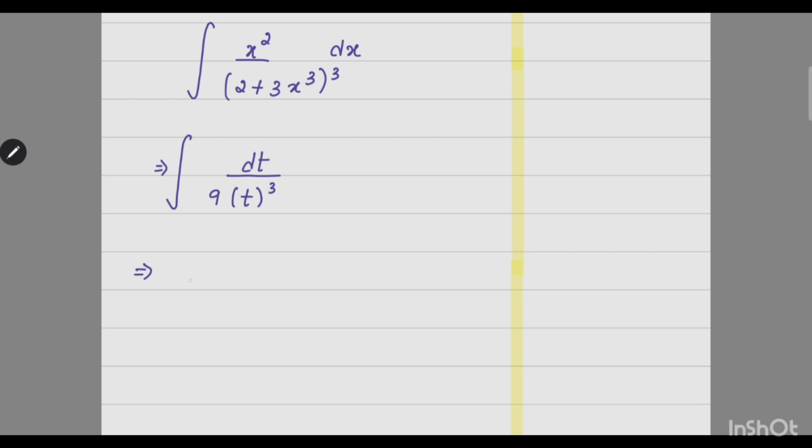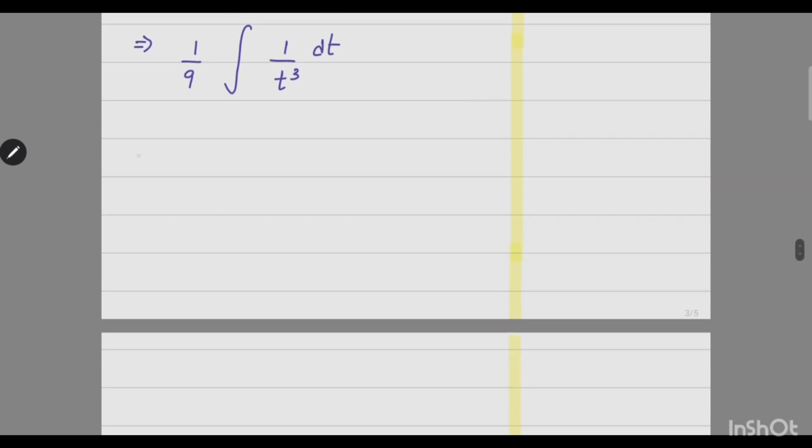Now this implies, let us take 1/9 outside, integral of 1 divided by t^3 with respect to t. So this implies 1/9 integral of t^(-3) with respect to t.